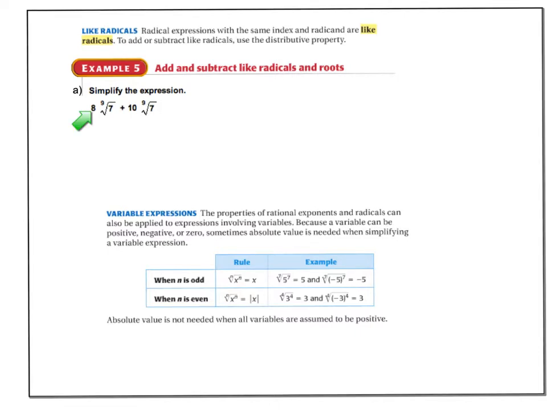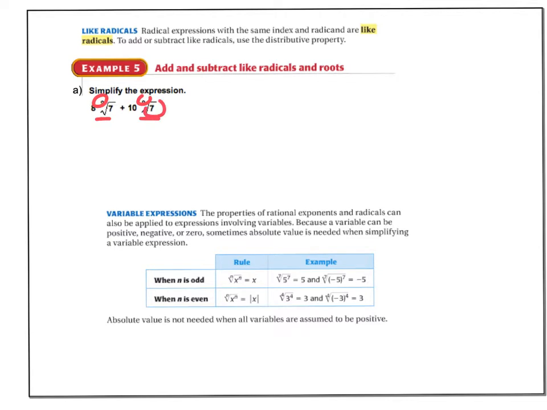If you notice, I have 8, a whole number, and then I have the 9th root of 7, and then you have 10, the whole number, times the 9th root of 7. So these are called like radicals because they have the same index and they have the same radicand. They're both the 9th root of 7.